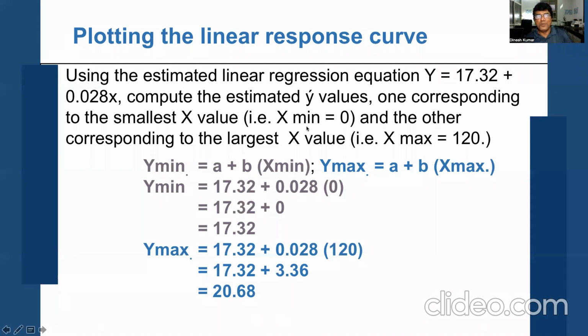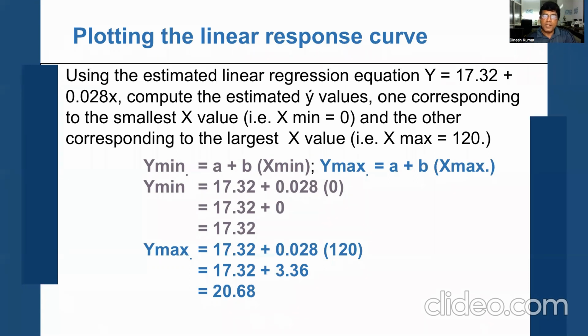So same way we can do it here. Using the estimated linear regression equation, y is equal to 17.32 plus 0.028x, compute the estimated y values: one corresponding to the smallest value, x minimum, and the other corresponding to the largest value. Here the lowest level of nitrogen, the independent variable x, was 0 and the highest level was 120.